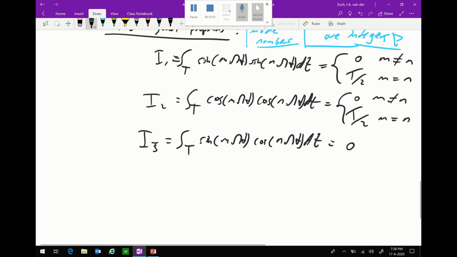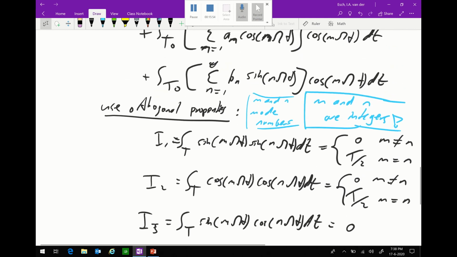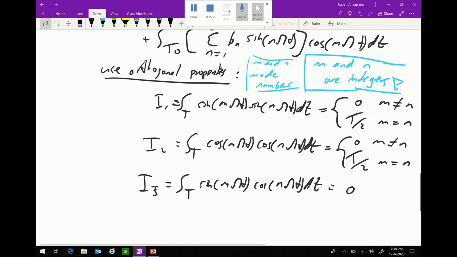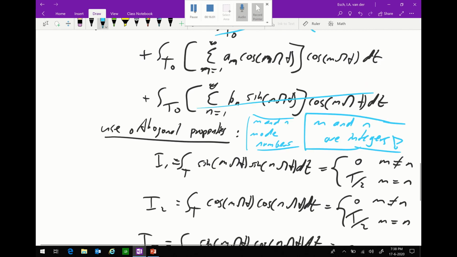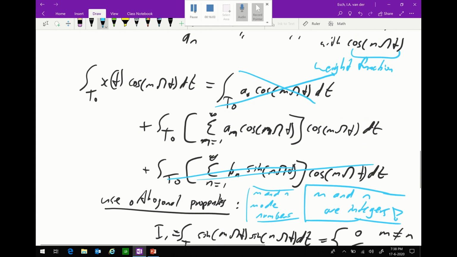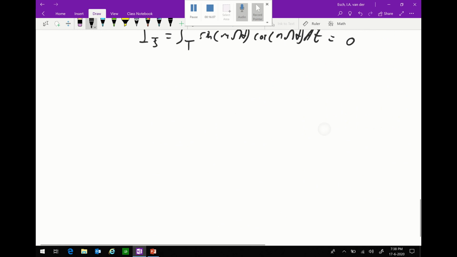So if we take into account those properties, we can directly see, since this is 0 for every term of m and n, this term cancels out and we are only left over with this term, which I will again write for you.